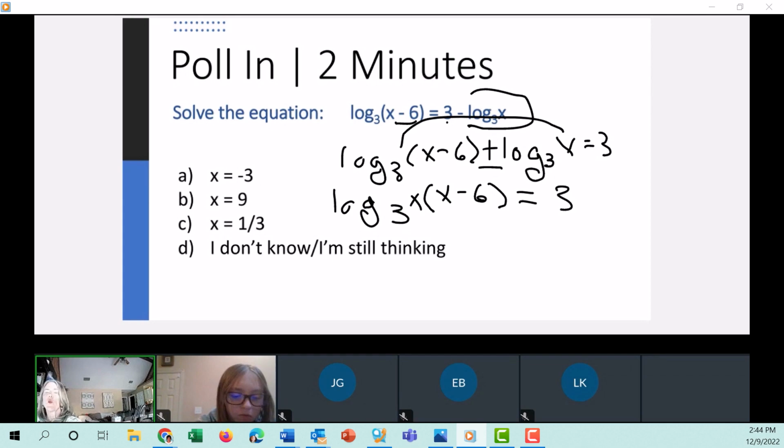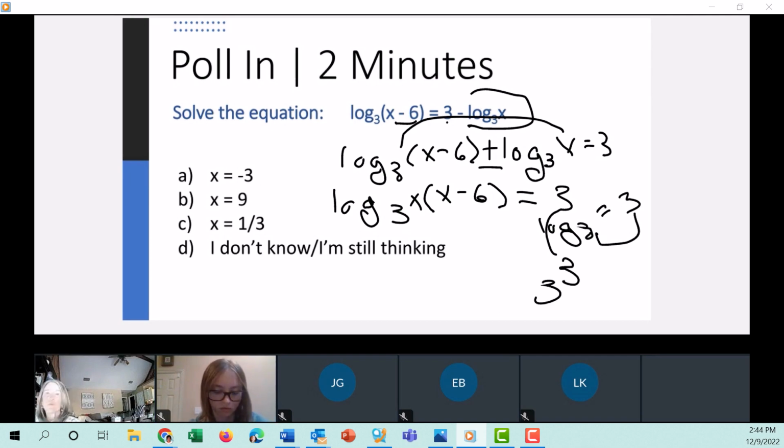All right, so log base 3 of something equals 3. What that means is 3 to the third power equals 27. So this could be rewritten as 3 to the third power in log base 3.